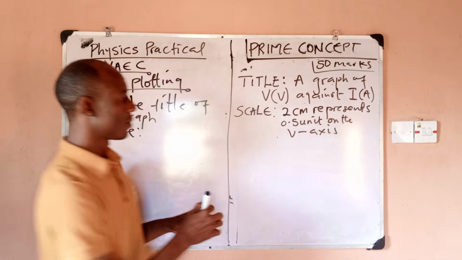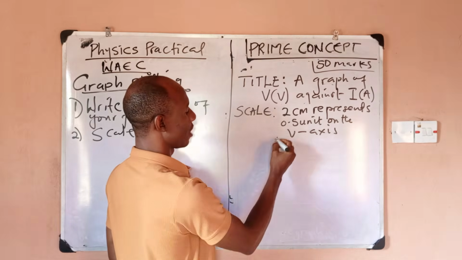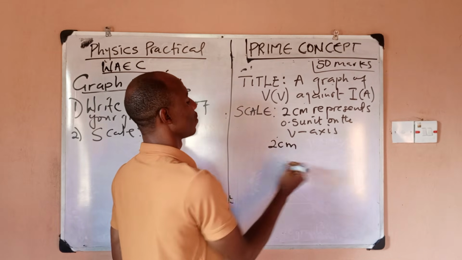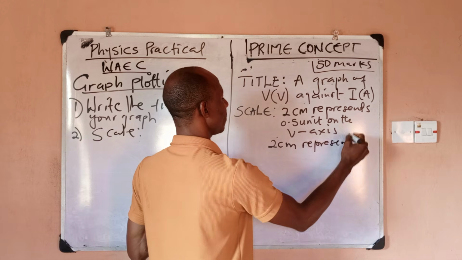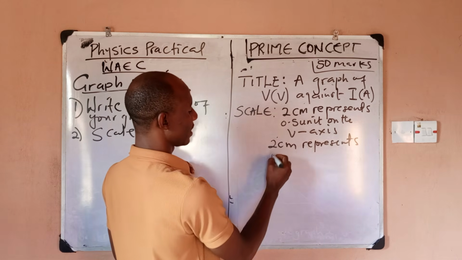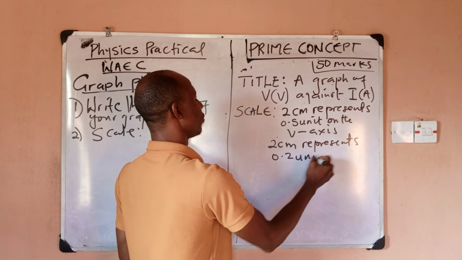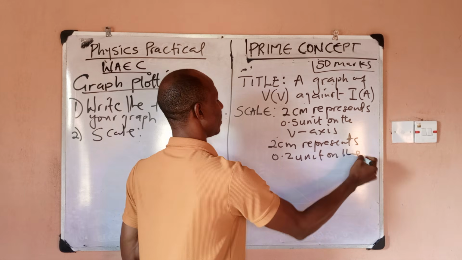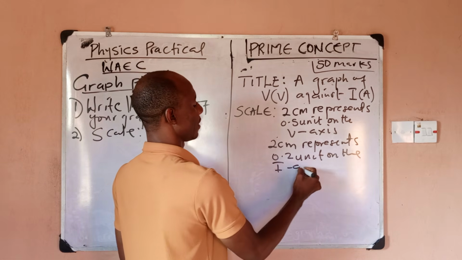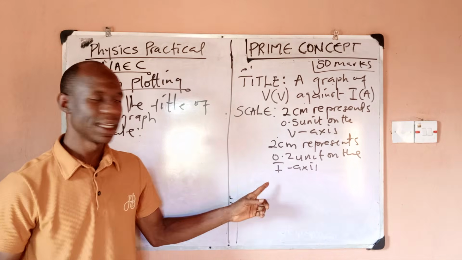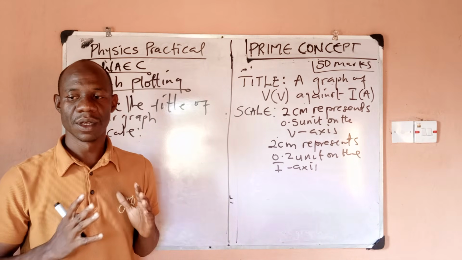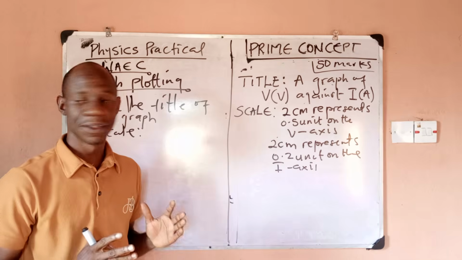Then for the horizontal, because it's always 2 cm, you say 2 cm represents, let's say, 0.2 units on the I axis. You don't say X axis, you say I axis. So this is how you write your scale. Are you following me?